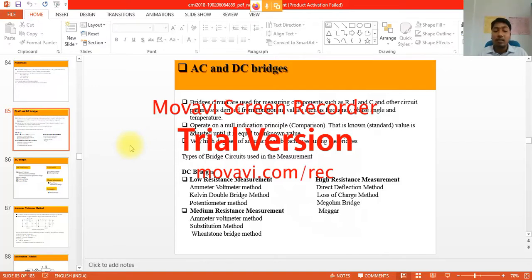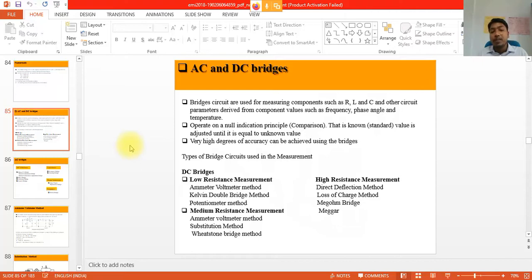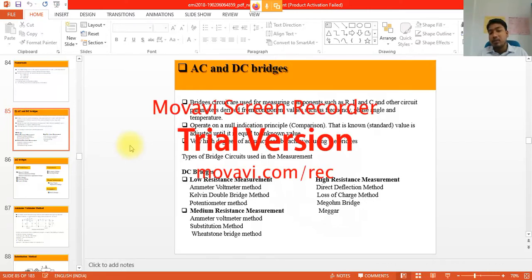So there are three methods to measure medium resistance. First is the ammeter voltmeter method, next is the substitution method, and last is the Wheatstone bridge method.